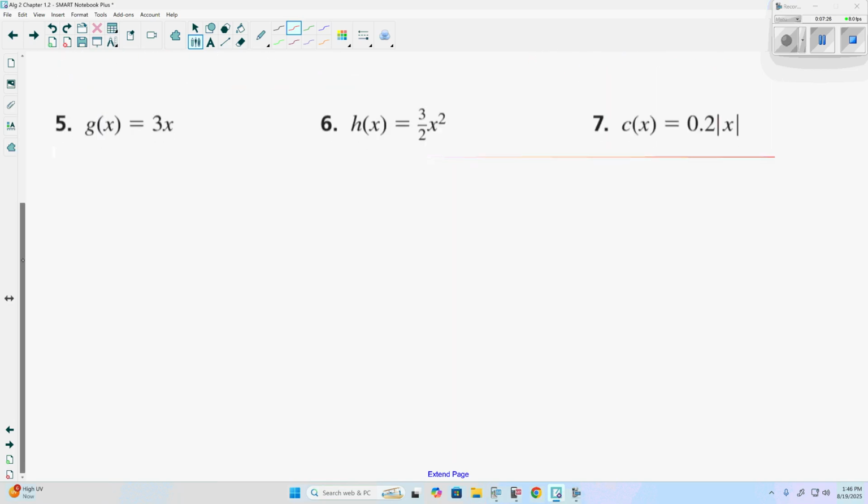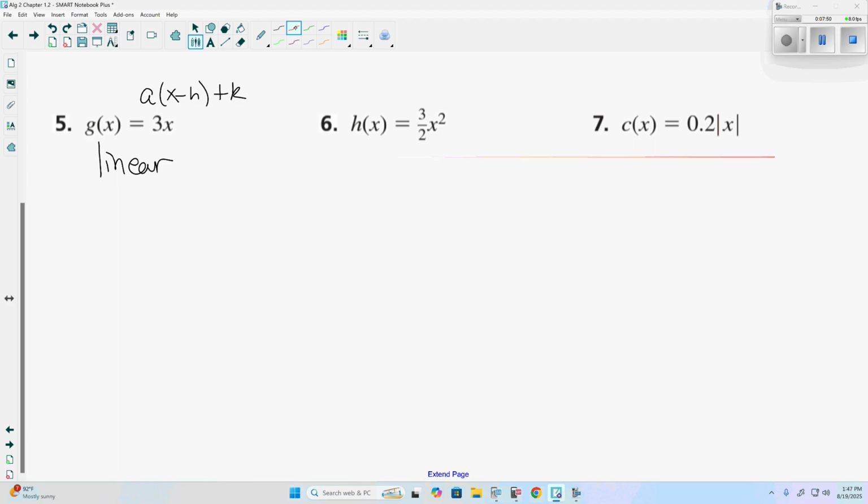What is the parent function that g of x equals 3x belongs to? Linear. Well, again, do we have a value for k, moving it up or down? Do we have a value for h, moving it left or right?